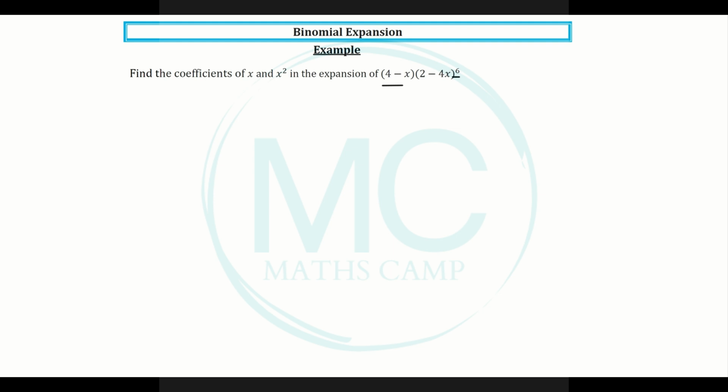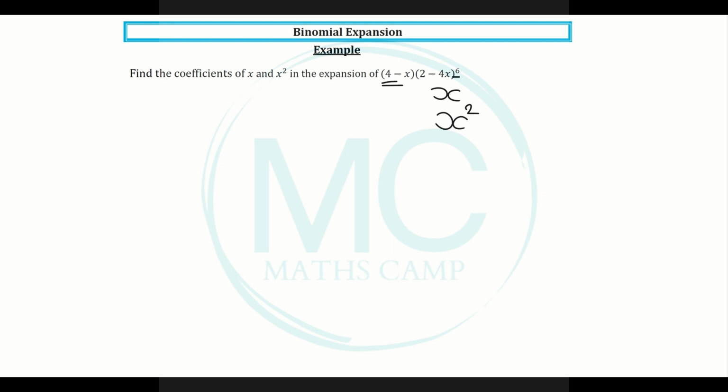To make it easier, let's look for the terms that we need. The first term in the first bracket is 4. So to get an x term, we need an x term from the second bracket. And to get an x squared term, we need to multiply this by an x squared term in the second bracket.